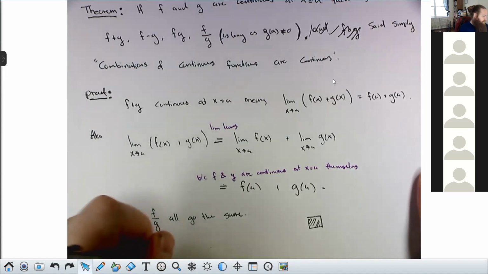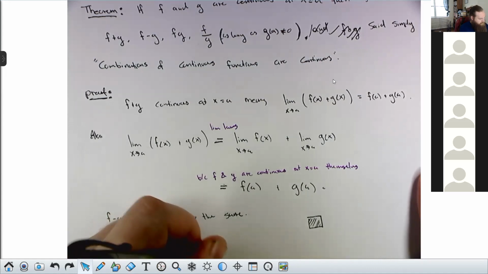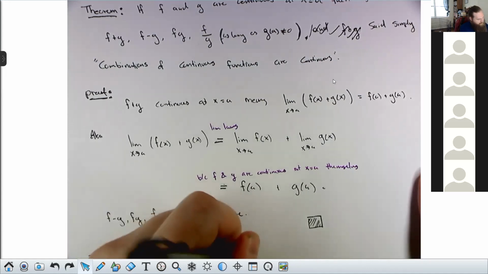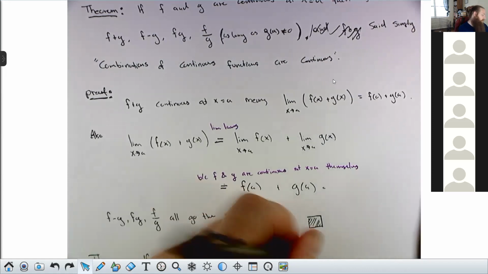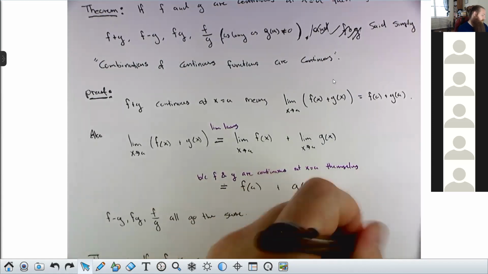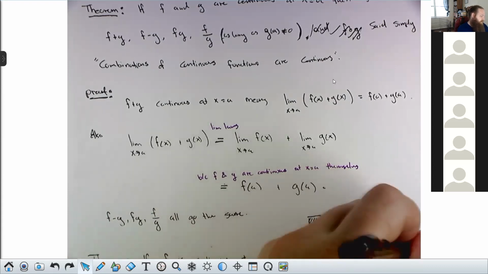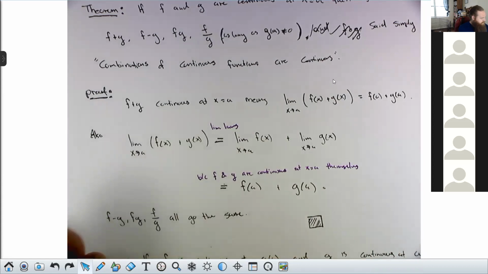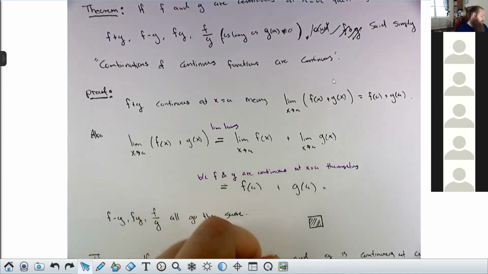Another theorem? If f is continuous at g of a and g is continuous at a, then the composite function f circ g is continuous at a.